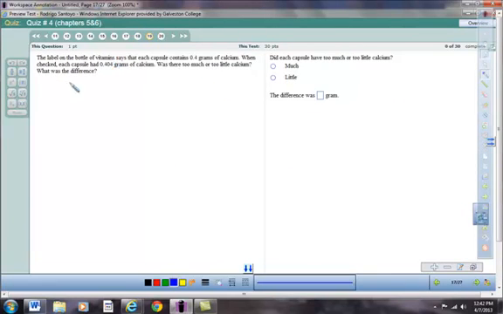This next one says the label on the bottle of vitamin says that each capsule contains 0.4 grams. It says when checked, each capsule had 0.404 grams. So the question is, is this too much or too little?